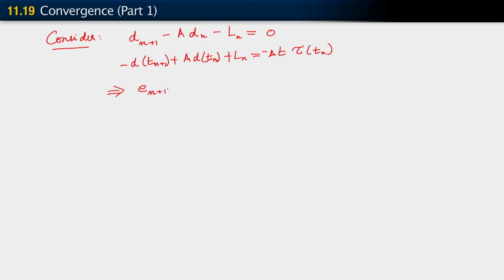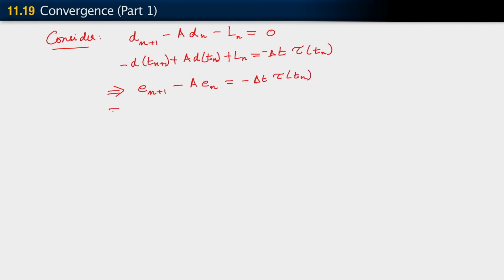It is the error in the corresponding modal coefficient. And here I get minus A E at n. The l^n's cancel out and I'm left with minus delta t tau at t^n.